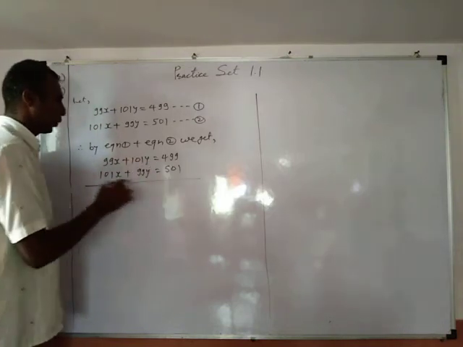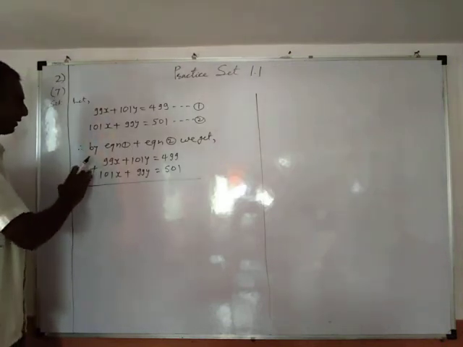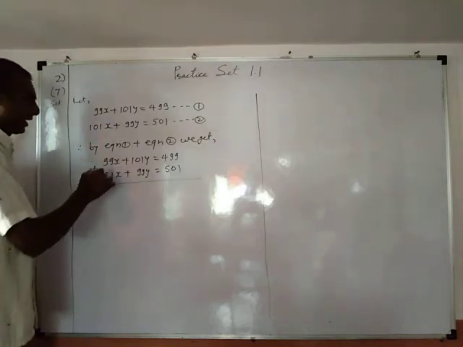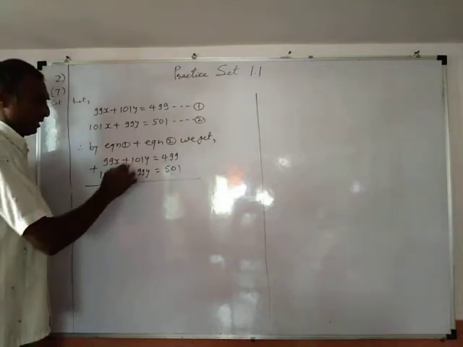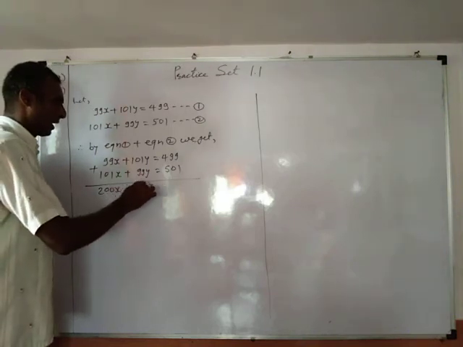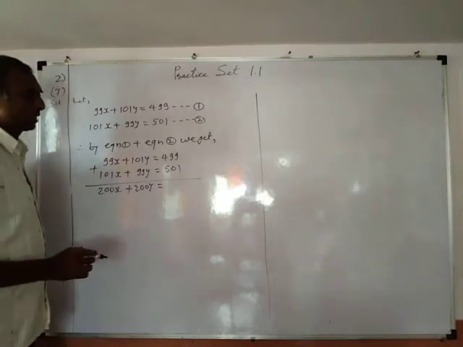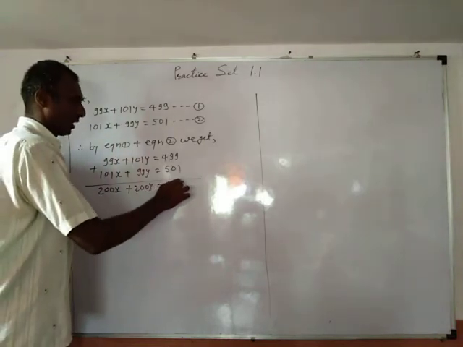As we have decided to add these two equations, let's write a plus sign in between. 99x plus 101x gives us 200x. 101y plus 99y gives us 200y, and 499 plus 501 gives us 1000.